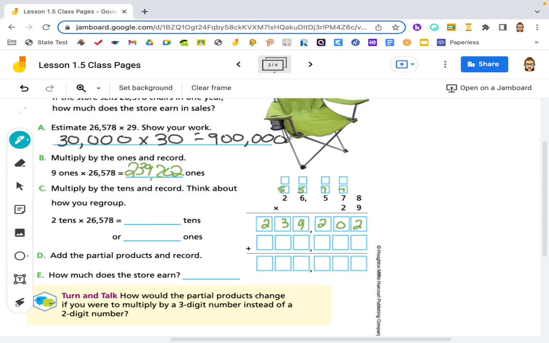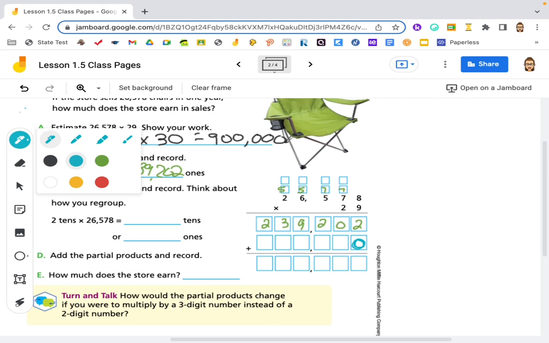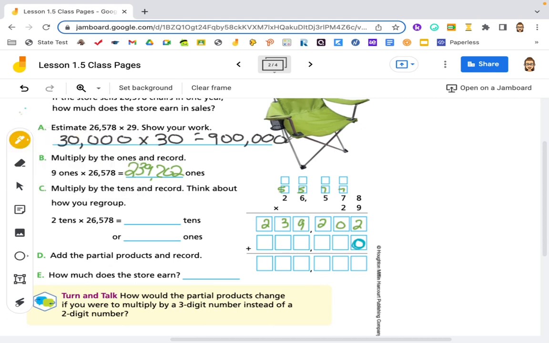So then again, we're really multiplying by 20, which we know we can just add our 0 on at the end. So we're going to put our 0 there. And then we're going to multiply by our tens. So 2 times 8 is 16. 2 times 7 is 14, plus 1 is 15. 2 times 5 is 10, plus 1 is 11. 2 times 6 is 12, plus 1 is 13. 2 times 2 is 4, plus 1 is 5.